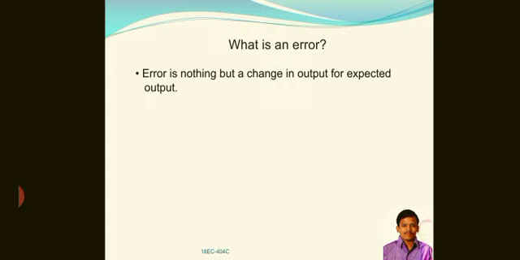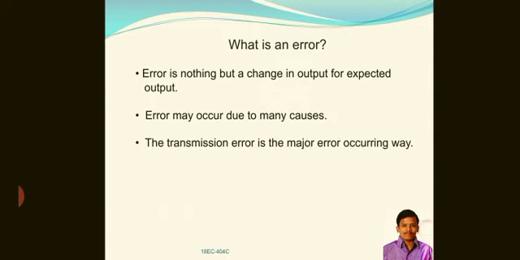Suppose 1 is transmitted and 0 is received, then we can say an error has occurred. Similarly, if 0 is transmitted and 1 is received, then some error has occurred. This error may be due to many reasons, as I told now. The transmission error may be the major error occurring on the way.